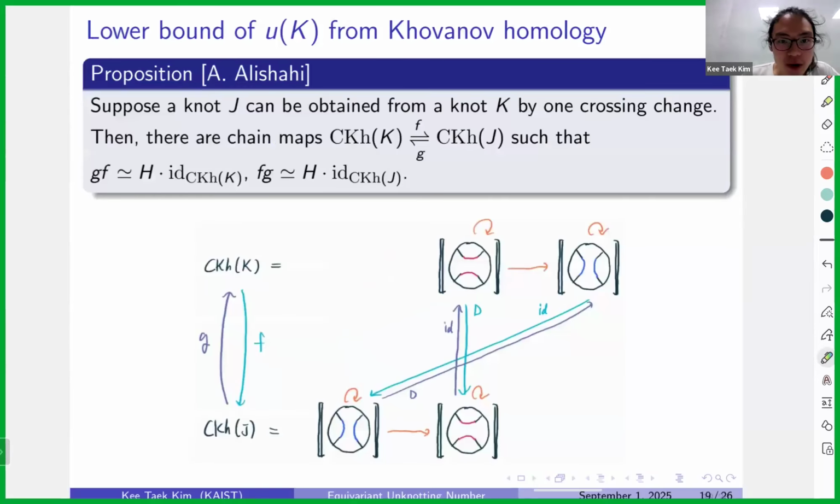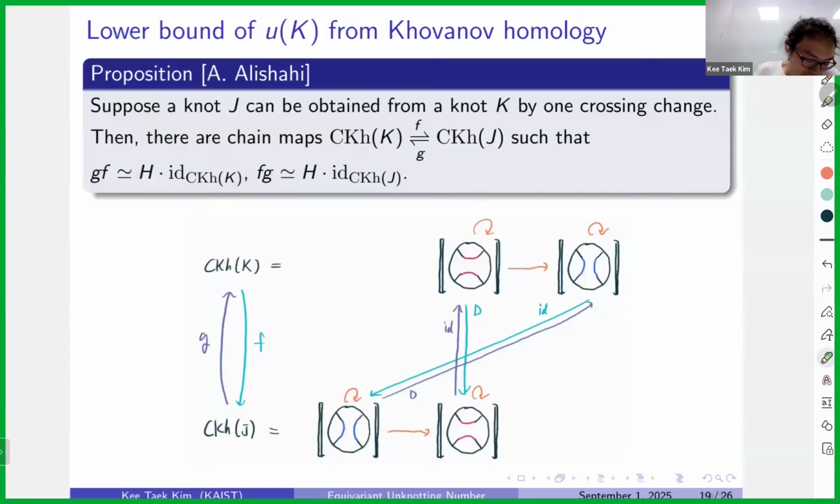So now I can talk about the lower bound for the unknotting number. The original work is done by Alishahi. Suppose a knot J can be obtained from a knot K by one crossing change. Then there are chain maps F and G between the two Khovanov chain complexes such that their compositions are chain homotopic to H times identity.